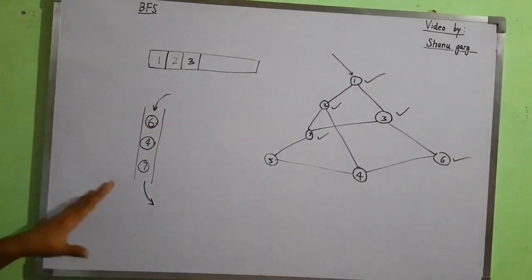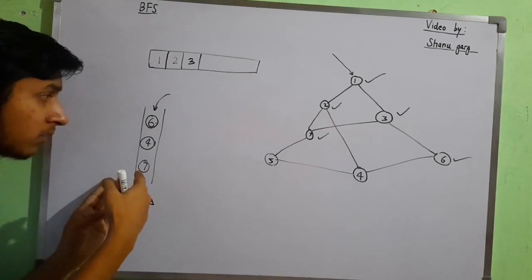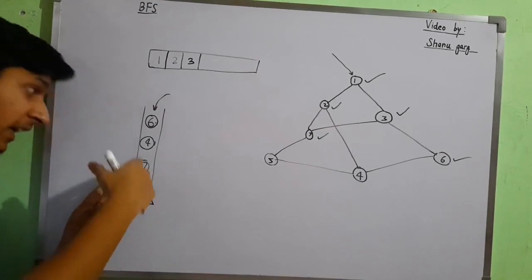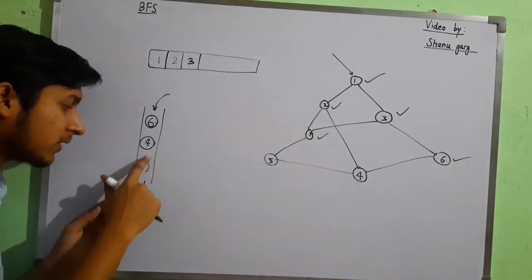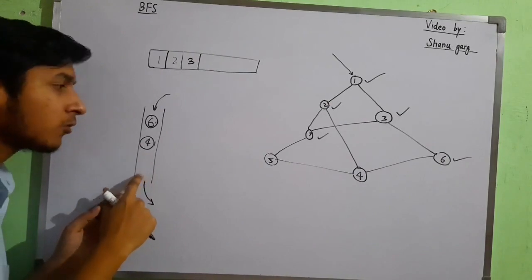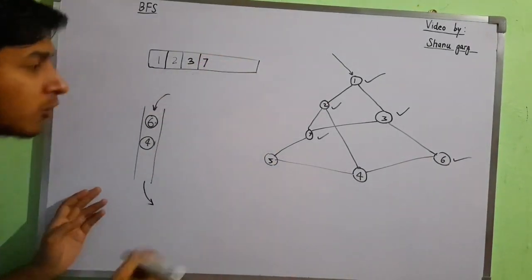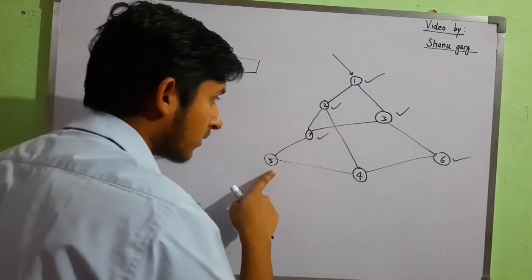Now the Q will say to 7, hey 7, tell me how many children you have, and get out of here. Okay, so 7 will say, okay sir, as this is the rule of this Q, I will get out of here, get myself printed on the output, and you can have just one of my children, that is 5.